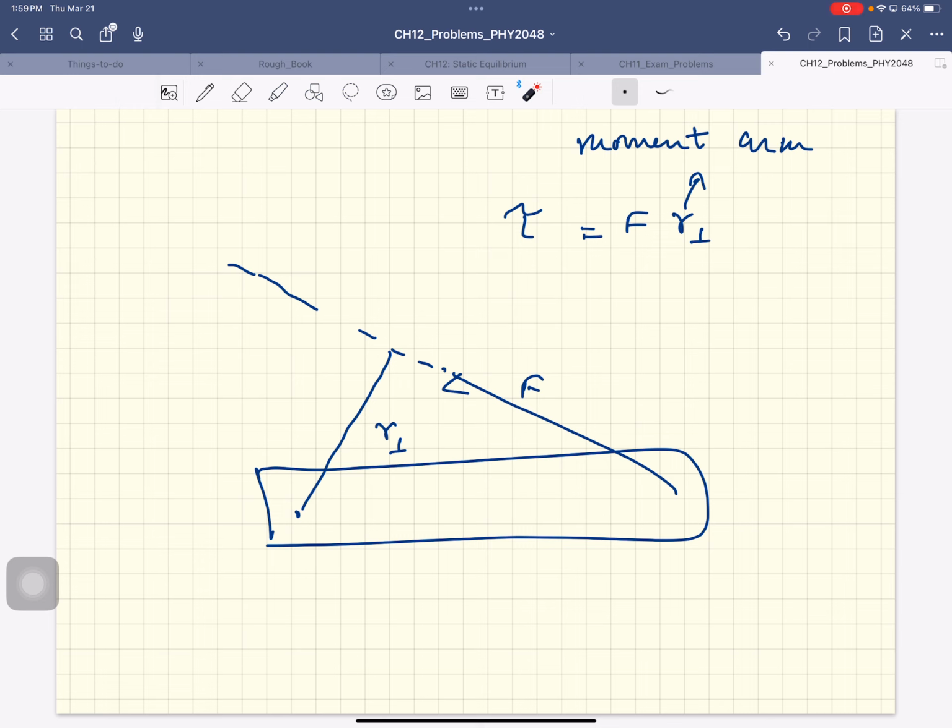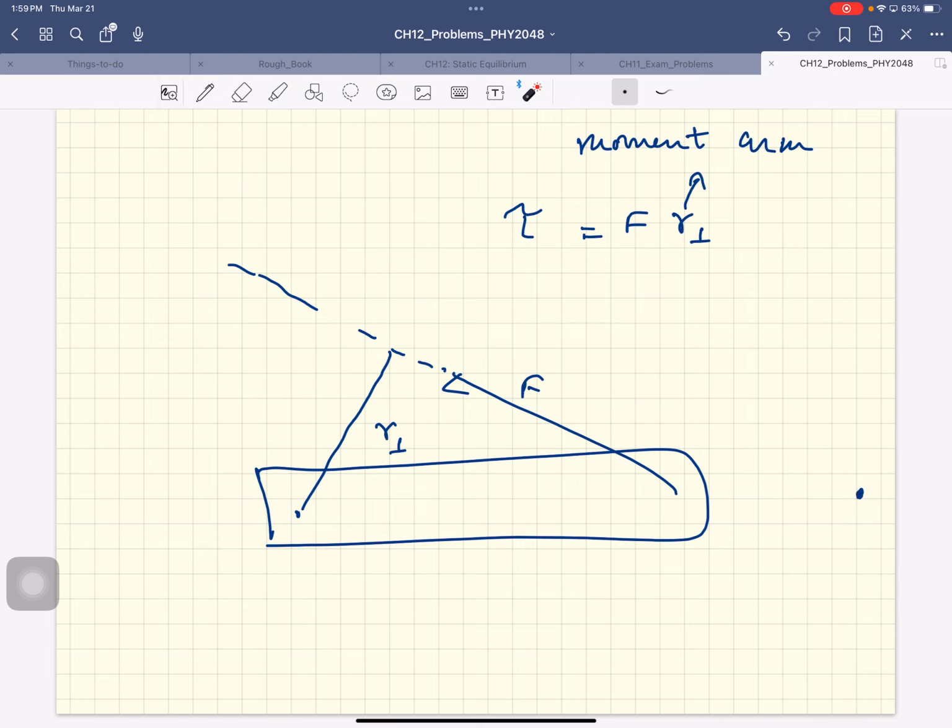Okay, so now let me confuse the heck out of you guys. What if I calculated the torque of this force about that point? Would it be positive or negative? Maybe you want something physical.